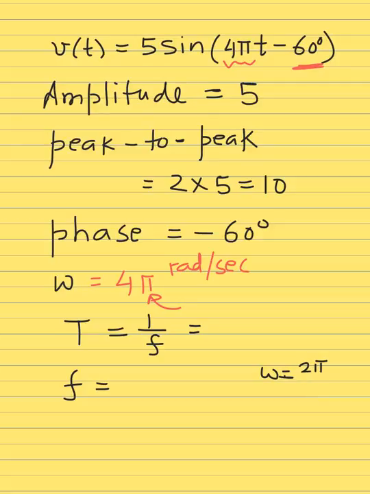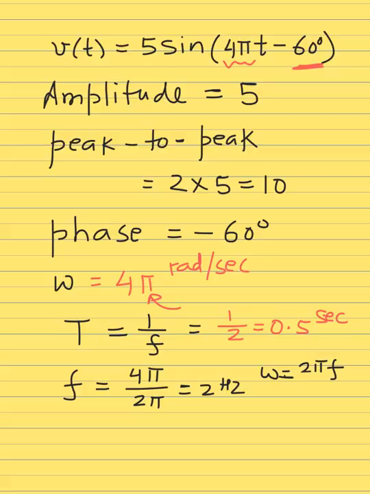Looks like I'm tired. Okay, so omega is 2 pi times f. So f is given by omega, which was 4 pi, divided by 2 pi, equals 2, and the units are hertz. And then you use that frequency here, so 1 over 2 gives you 0.5, and the units of the time period are seconds. So that was a small example to practice.